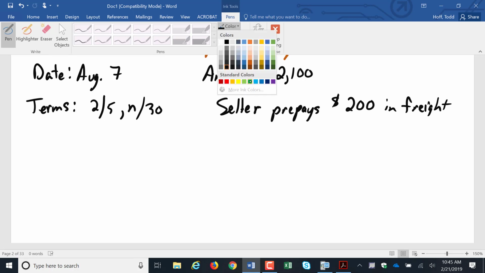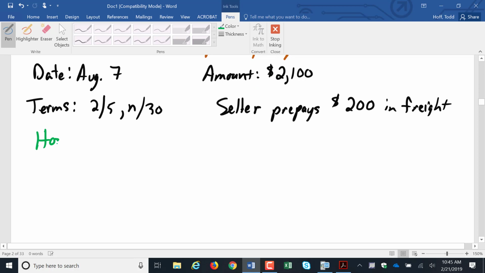So now we want to look at how much is paid if the buyer pays on August 16th.